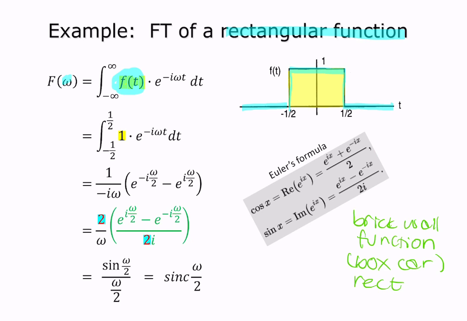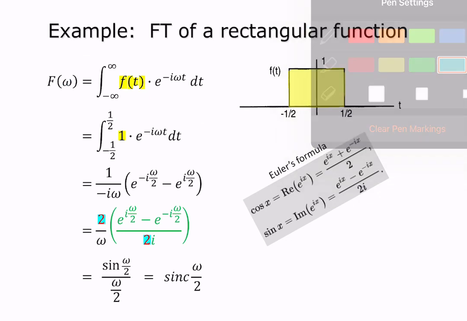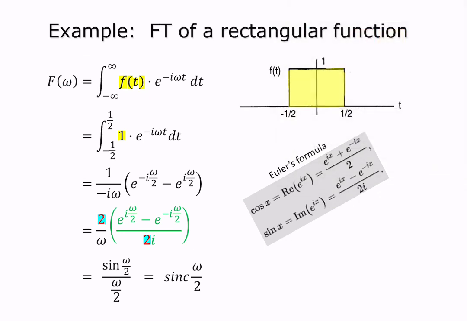How does that look in the frequency domain? That's what we're trying to find. We want to know, what is the Fourier transform? What's the frequency domain representation of this rectangular function? So remember this expression that I kept showing you? We're going to use that. And all you need to do is replace f of t with its value.